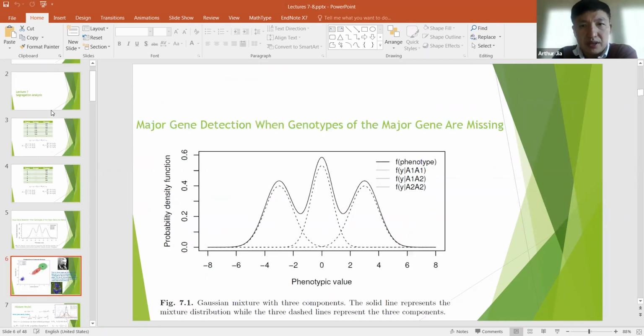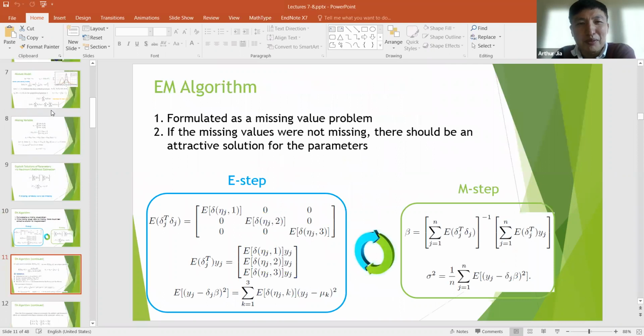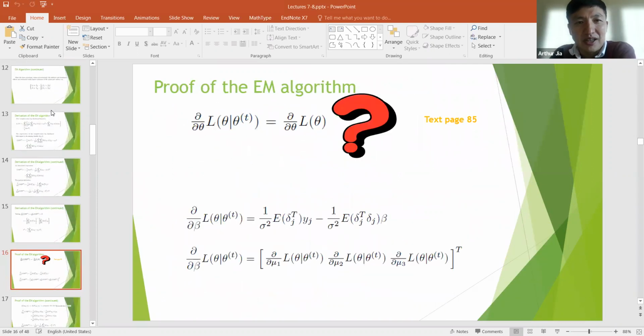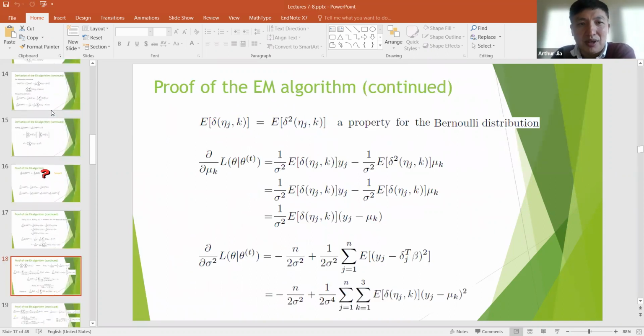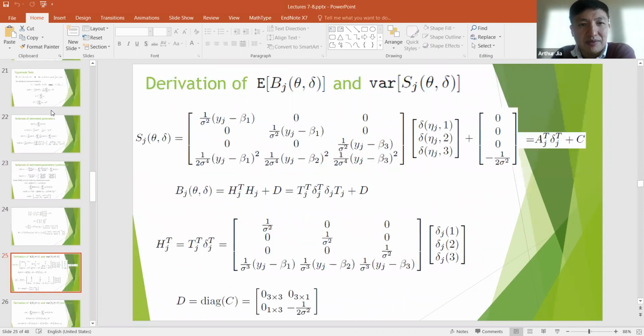I don't think I put any questions on this chapter, so you probably can ignore it. I don't think I put any EM algorithm or mixture model questions for this chapter. So you can forget about chapter 7.